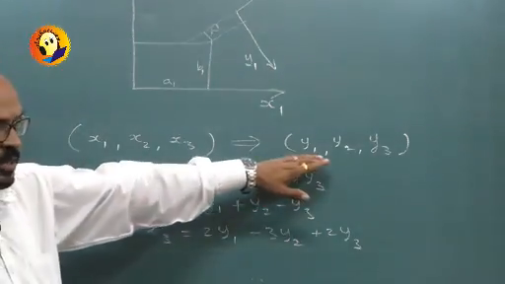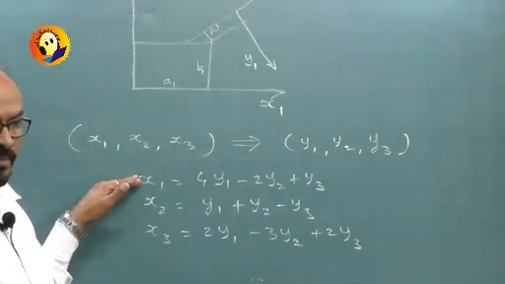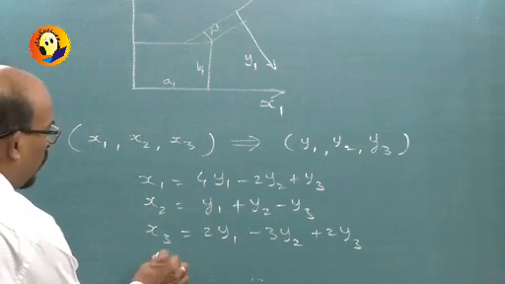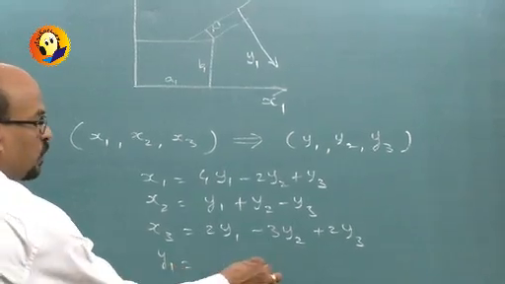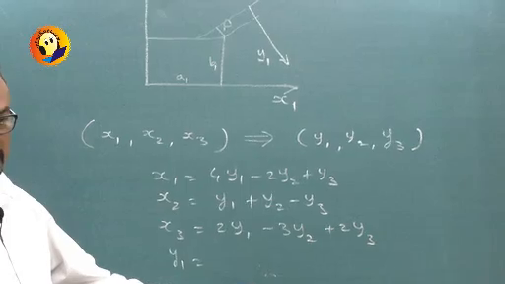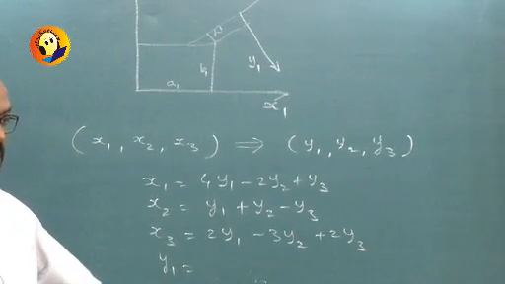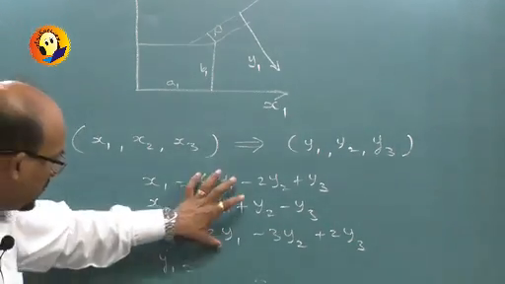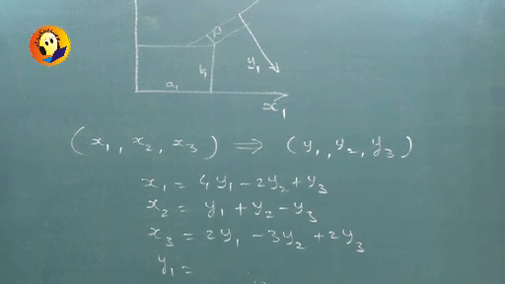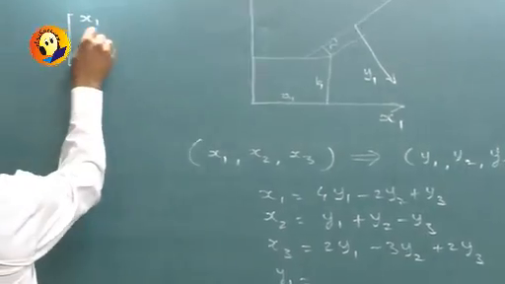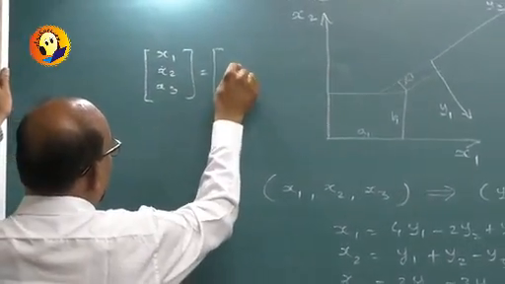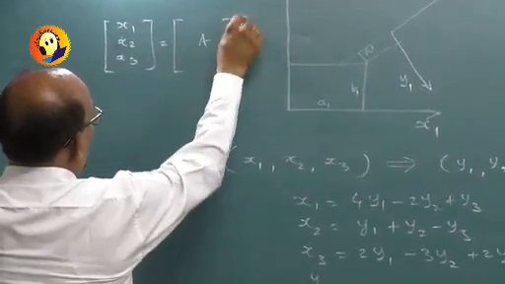If these coordinates are known, we can come back. Now obviously the other way around also should be possible. It should be possible for us to express y1 in terms of x1, x2, x3, y2 in terms of x1, x2, x3, and y3 in terms of x1, x2, x3. Now this relation, one can always write as x1, x2, x3 as some matrix A times y1, y2, y3.